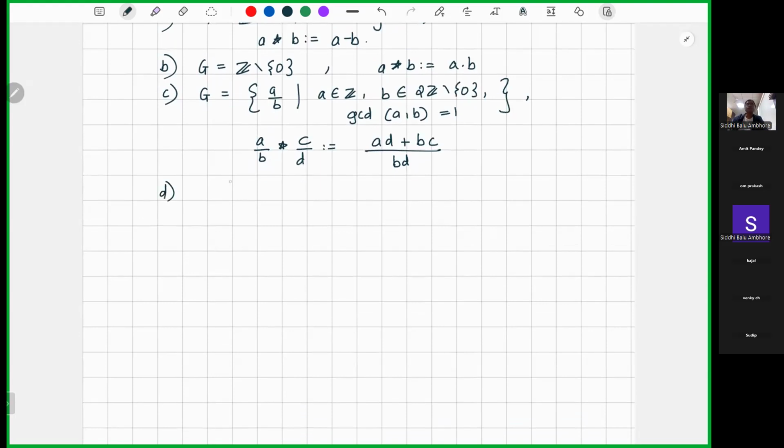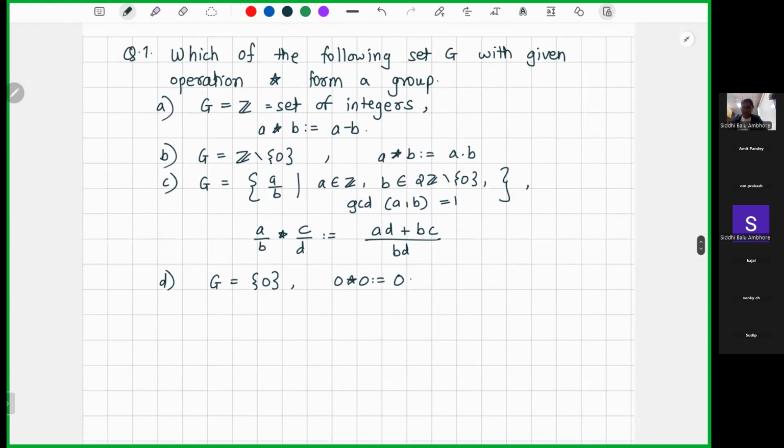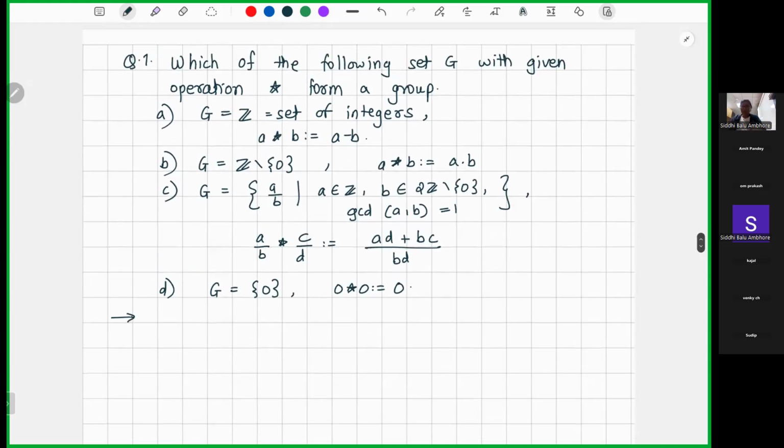And finally, G is just the singleton 0, and this 0 star 0 is defined as 0. So we have to check which of these form a group under this operation star.